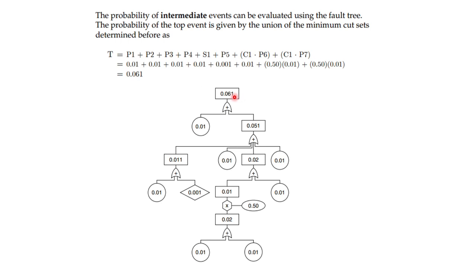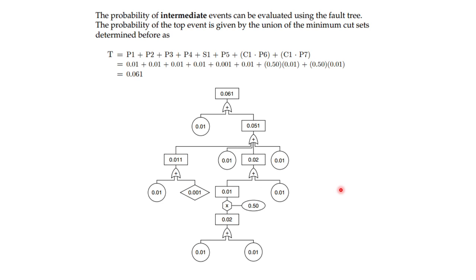And we can also know the probability of the intermediate events happening by using this symbol, okay, and using the formula present on the previous slides. So the probability of this intermediate event to happen is 0.051, this 0.011, 0.02, 0.02 as well, and 0.01.